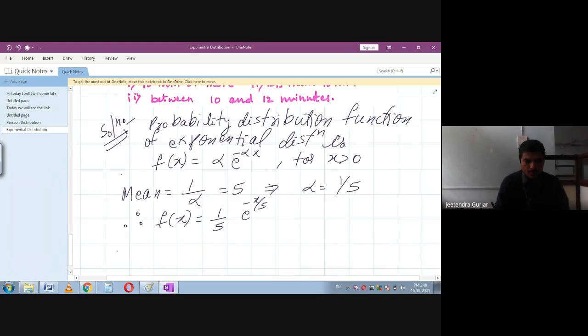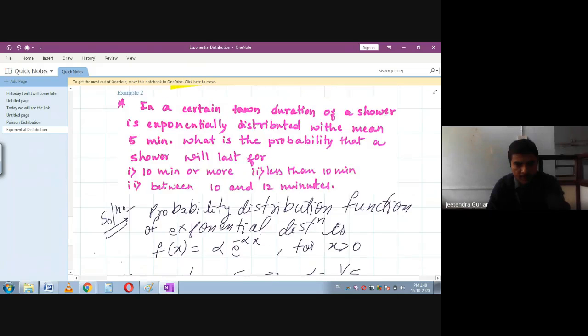So now you can see in the first one they have mentioned 10 minutes or more. This tells you x is greater than or equal to 10. Remember this.